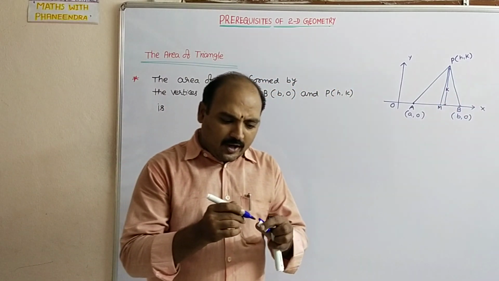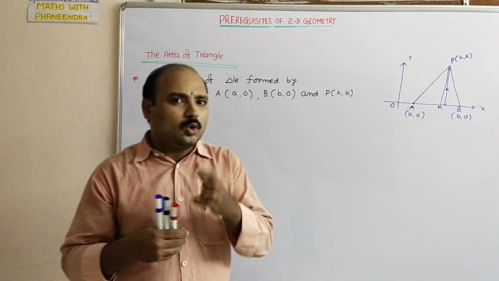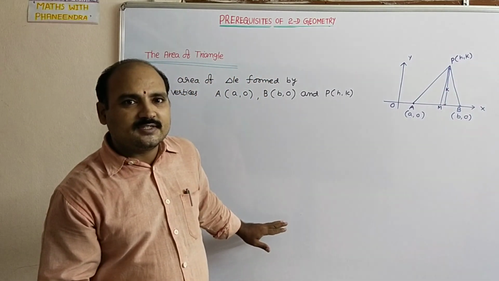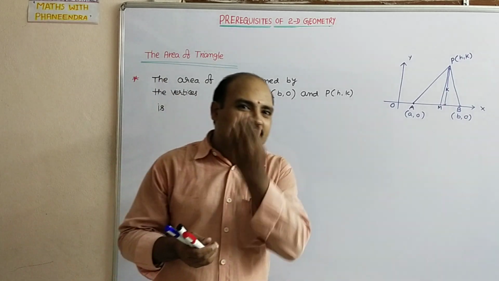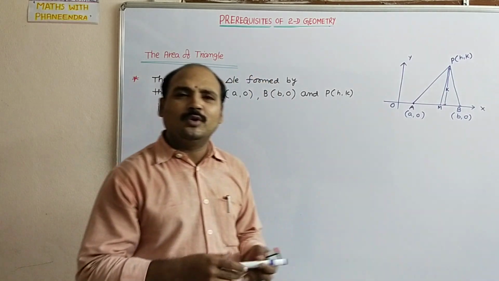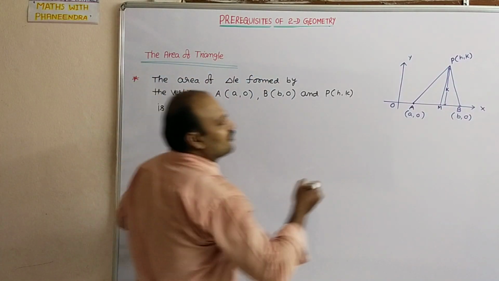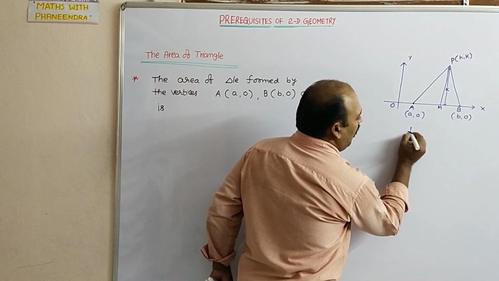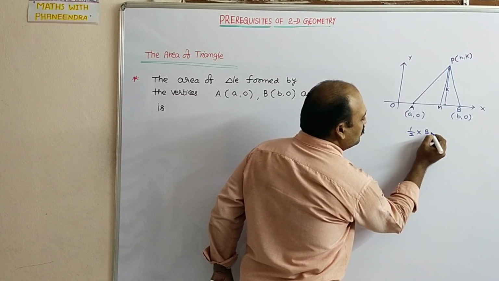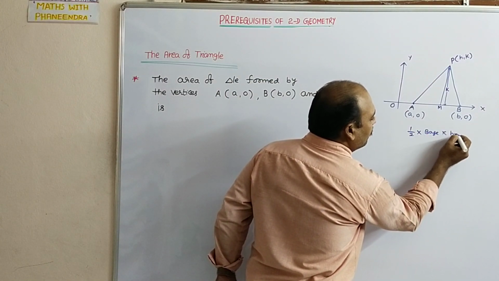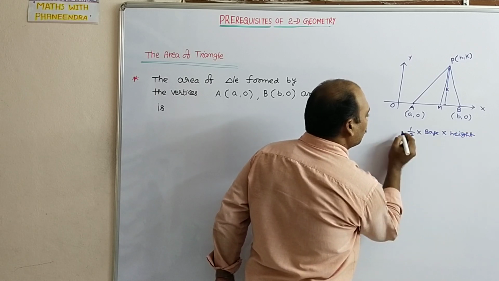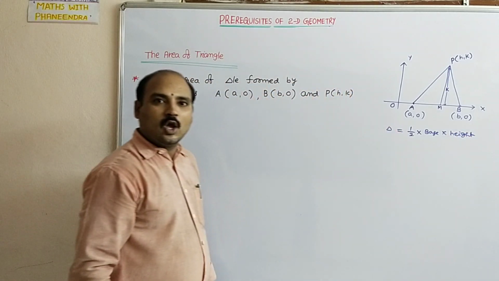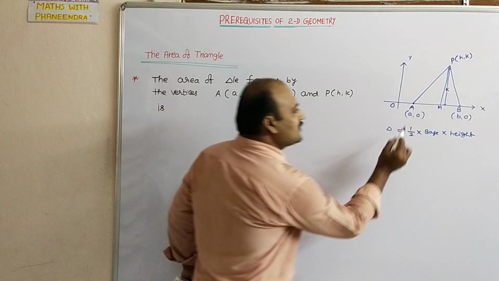The area of a triangle, not only by using vertices, by using base and height also we can calculate. We know that: half into base into height. What is the base of this one? Base is AB only, no?